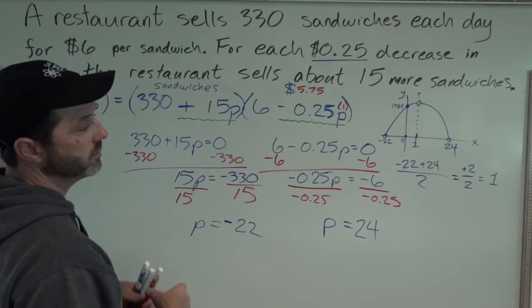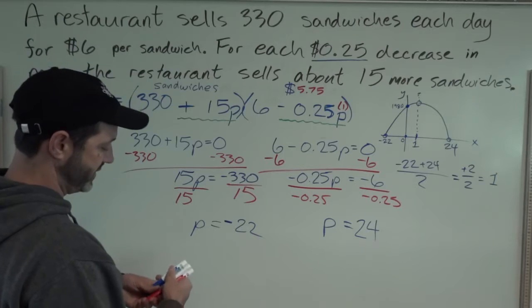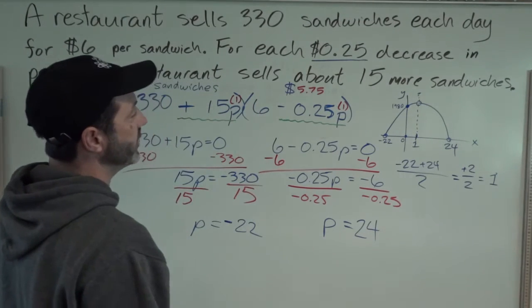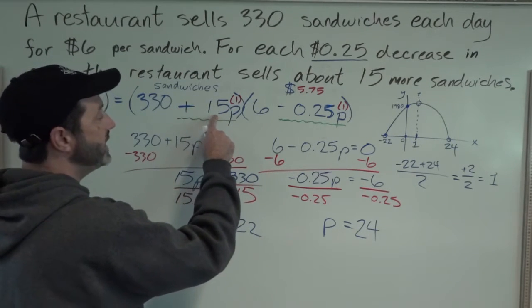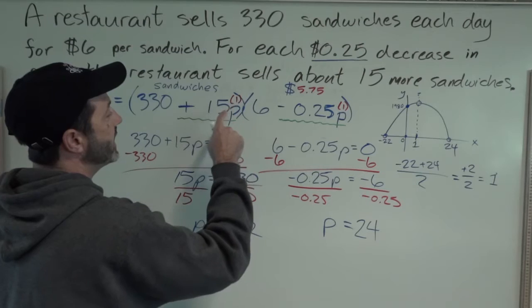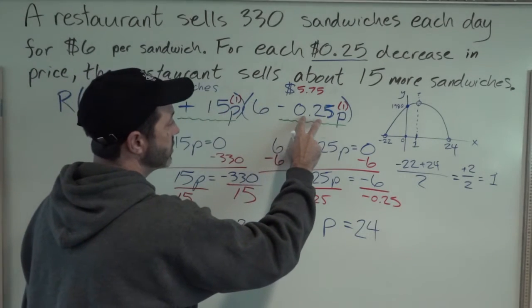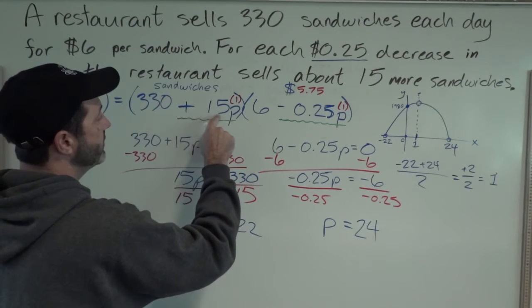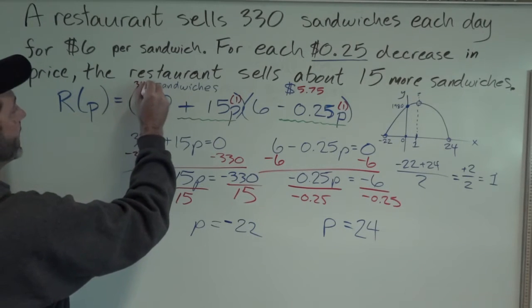Second question. What is the maximum revenue if I charge that $5.75? Well, I'm going to put a 1 for the P there also, which means I expect to add 15 sandwiches 1 time, right? Because it's 15 sandwiches for each quarter that you take away. So what's 330 plus 15 1 time? That's 345 sandwiches.